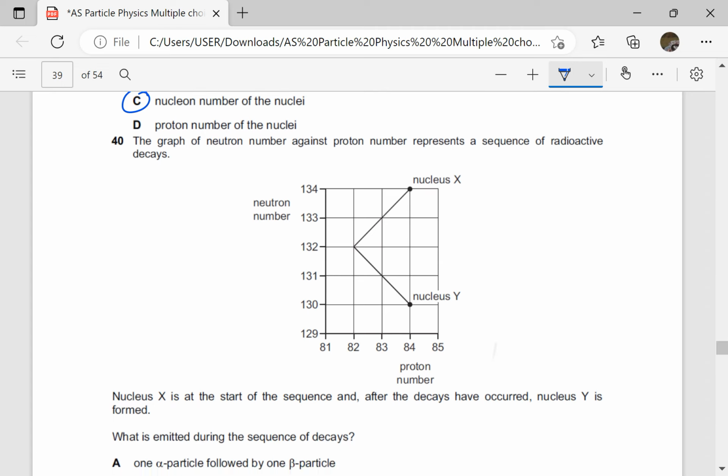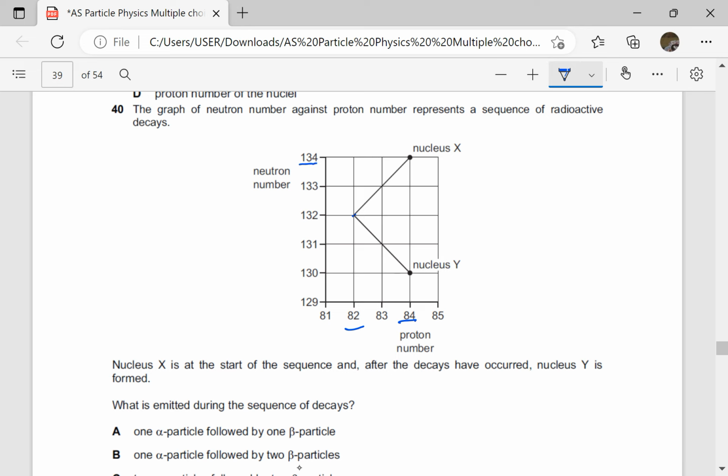The proton number changes from 84 to 82. The neutron number changed from 134 to 142. That is beta particle emission. If the proton number has reduced, that must be 2 beta plus particles.